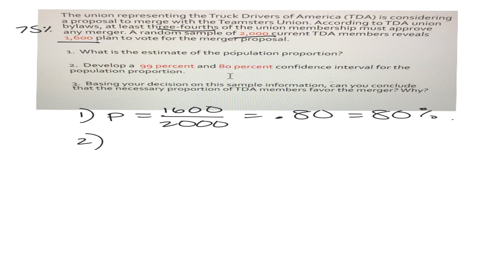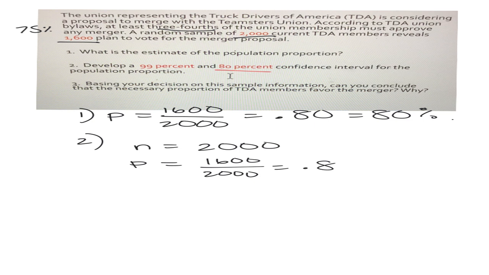Part 2. Let's develop our confidence intervals. Let's start with the smaller interval and then we'll do the larger one. Let's start with the 80% confidence interval. We're going to start by listing all of our available information. The sample size is 2,000. Our sample proportion is 1,600 over 2,000, which equals 0.8. We're looking for a confidence interval at the 80% level.